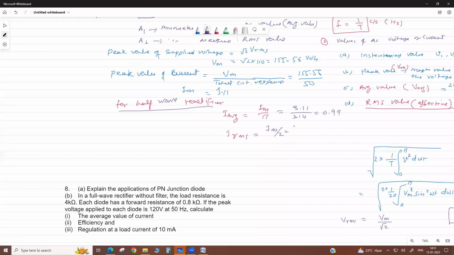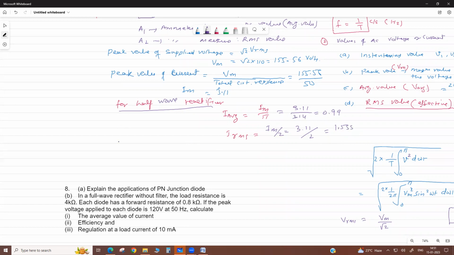And the RMS value is IM by 2, 3.11 divided by 2, which is 1.555.